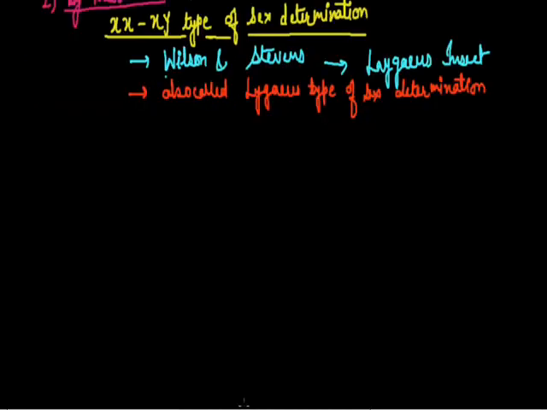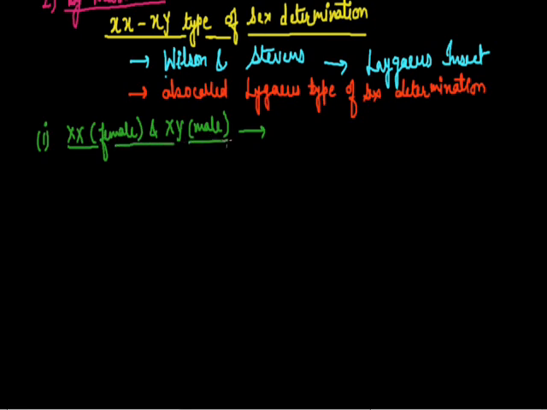Let's start with the sex determination found in human beings. This is called XX female and XY male kind of sex determination. As I told you earlier, in human beings, a total of 46 chromosomes are found, represented as 2n or diploid, or two sets of chromosomes.